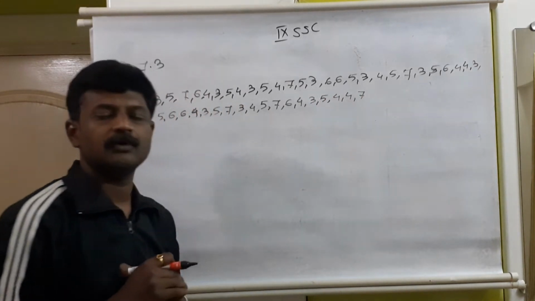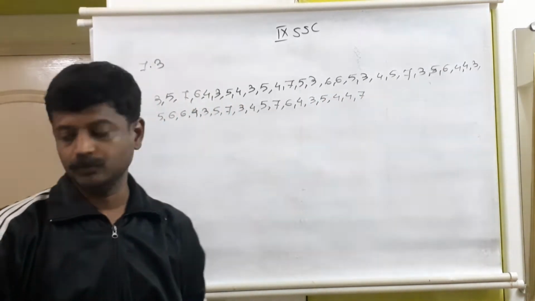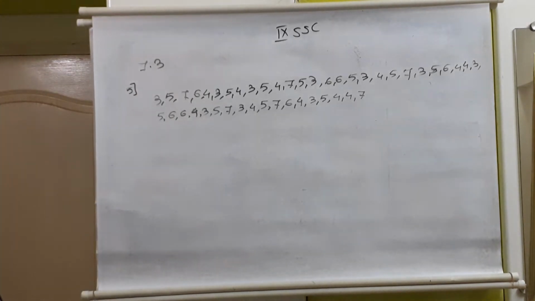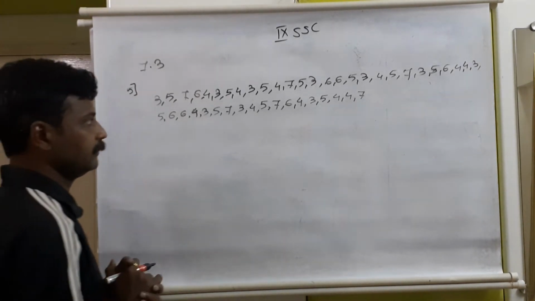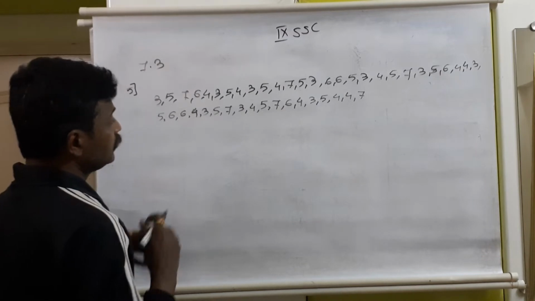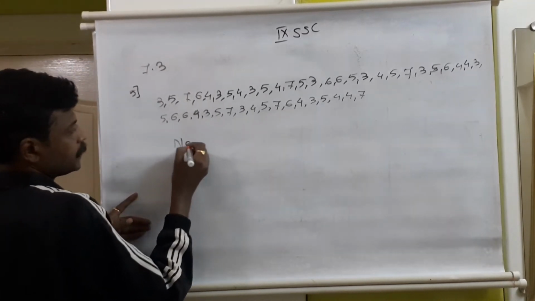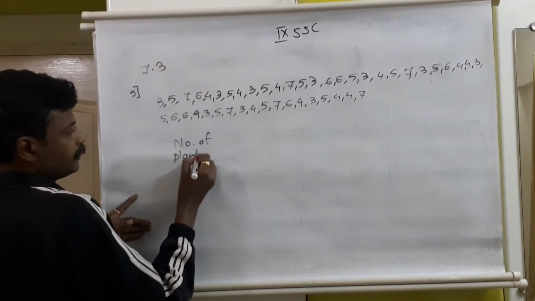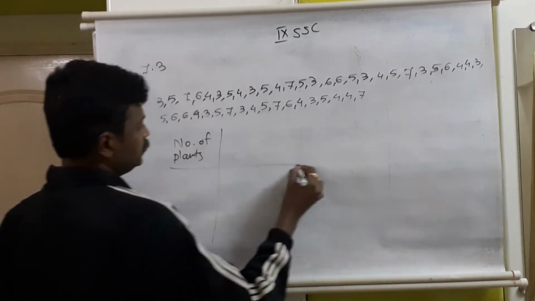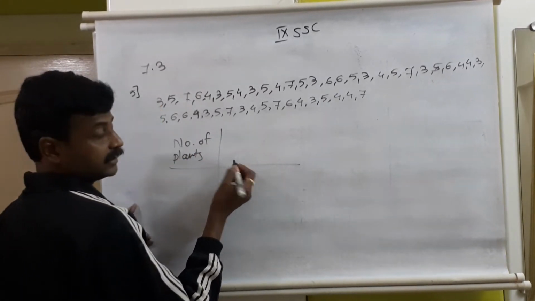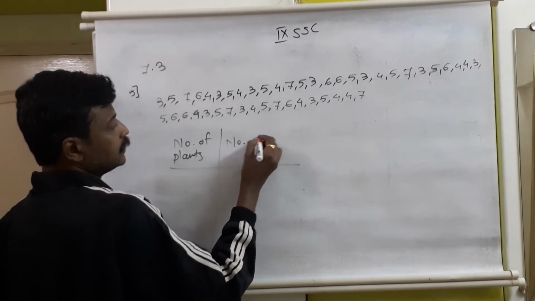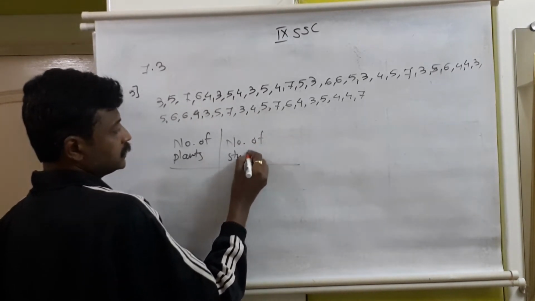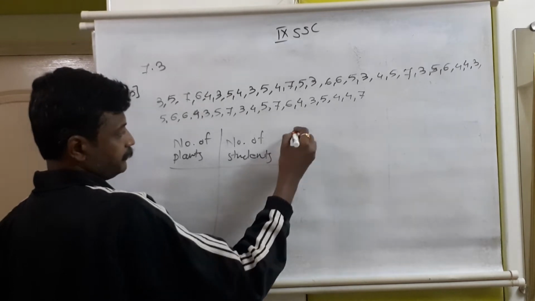So the information is about 45 students and we want to prepare a frequency distribution table. So here, the number of plants planted by the students, and how many children, the number of students of Harit Sena.